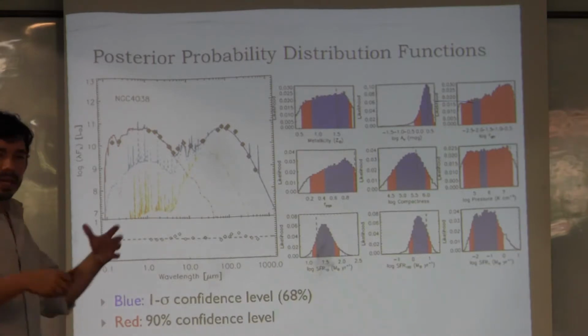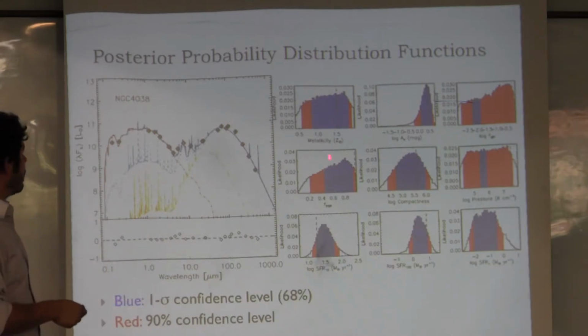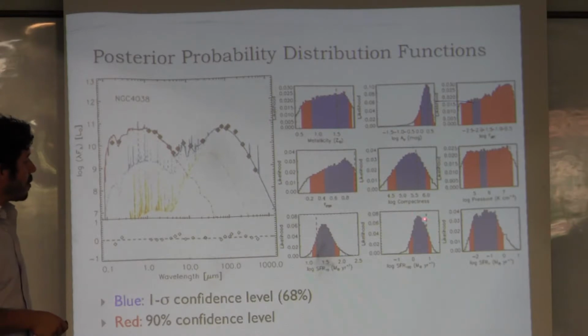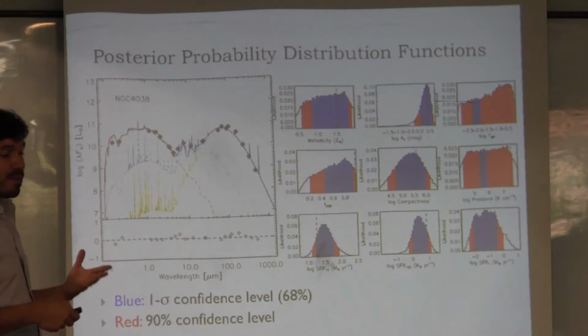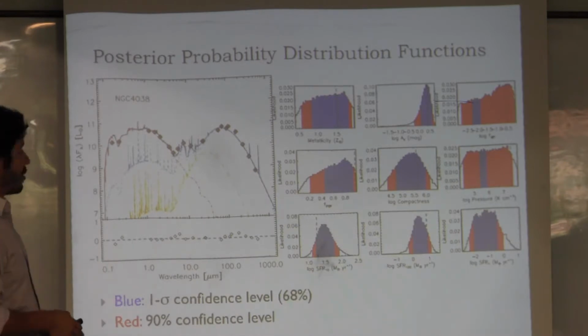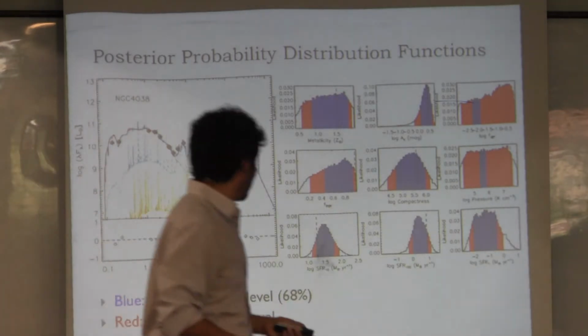And what happens if you take all your galaxies and do the same, and rather than just taking the best fit, you take actually the peak of the probability distribution. In other words, the value of the parameter where more models actually fit the data. That is a little bit more information than just a best fit, because a best fit can sometimes be an exception.